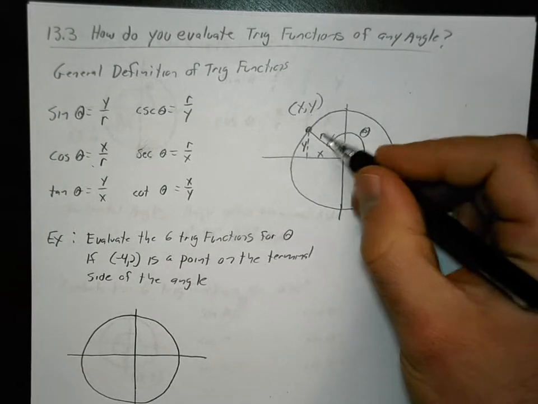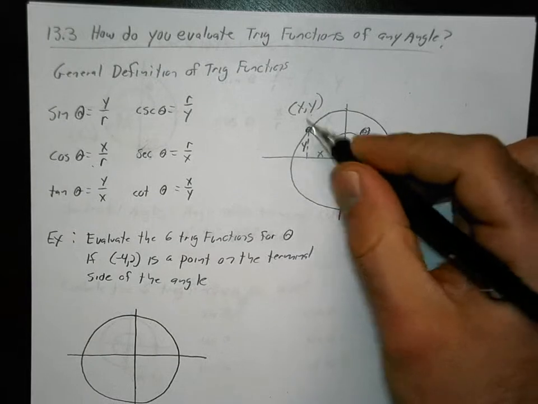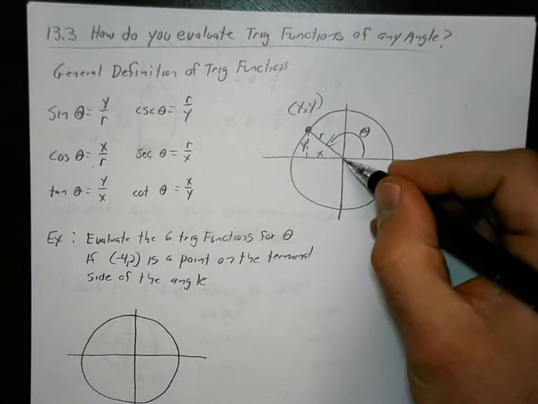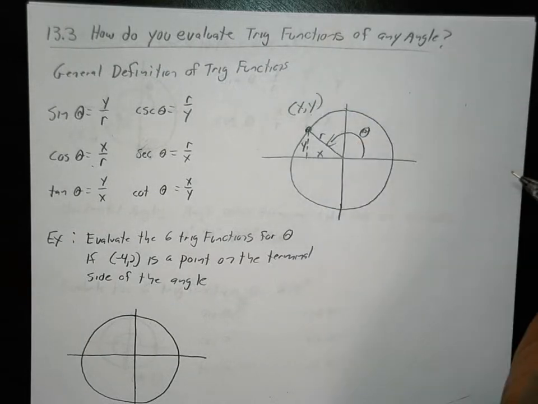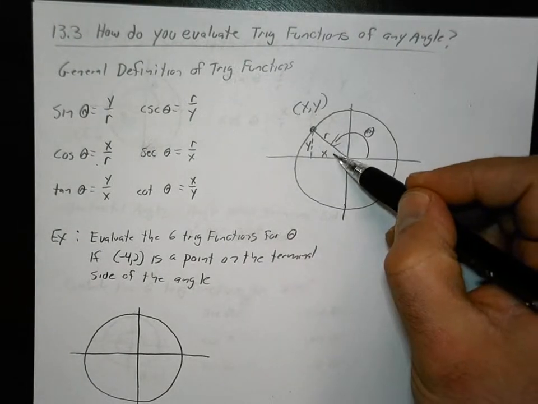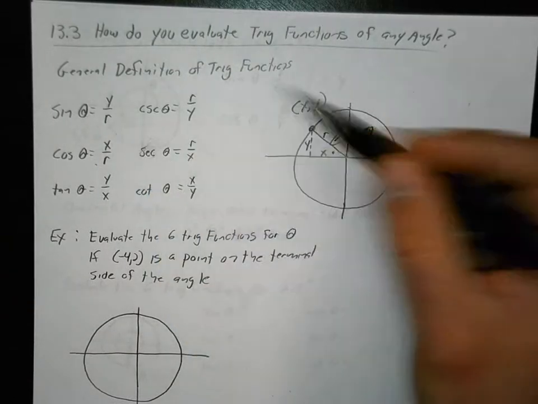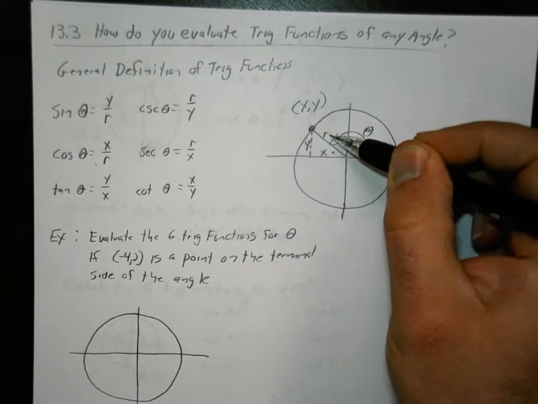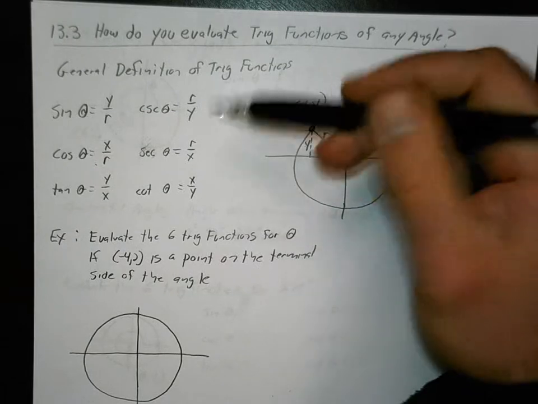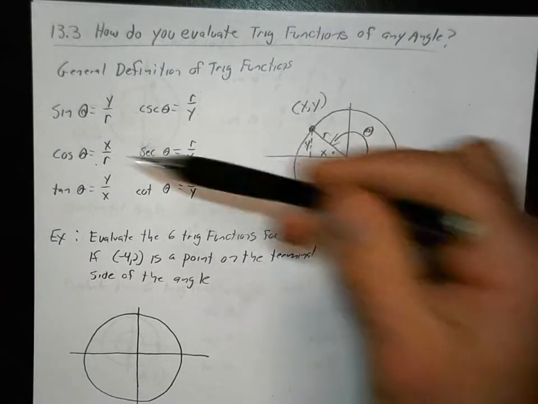I can label the r as the radius, and then the x and the y is the coordinate. So I'm over x and up y. Based on this triangle, using this angle, I can identify sine of theta as opposite over hypotenuse, y over r. Cosecant is the reciprocal of sine, so it's r over y.